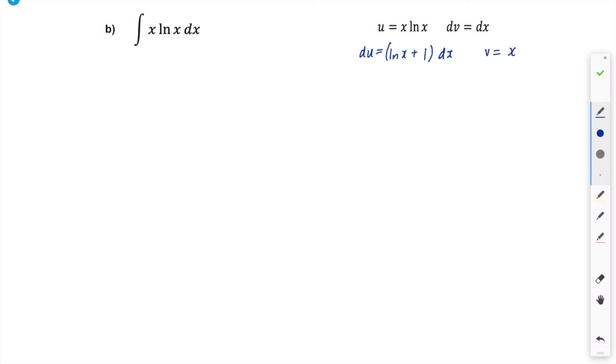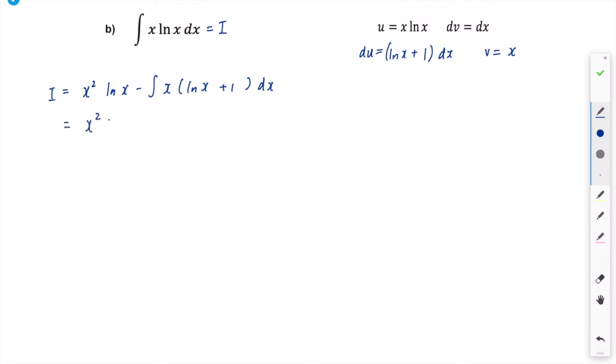Okay. So if I let this original question as I, then I must equal uv, so x squared ln x minus the integral of v du. So x times ln x plus 1 dx.